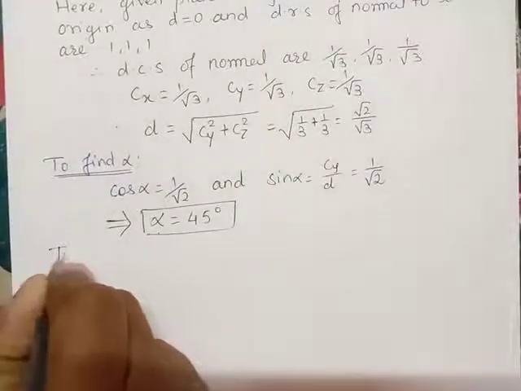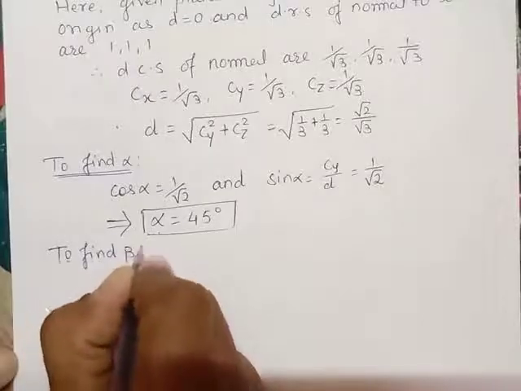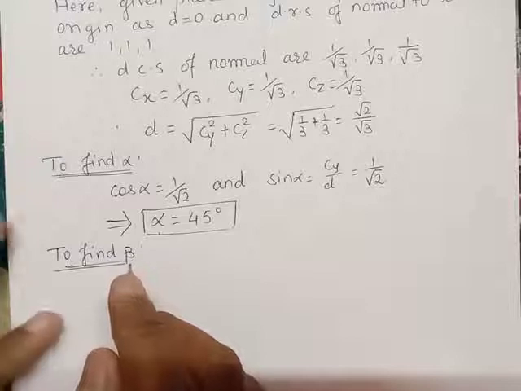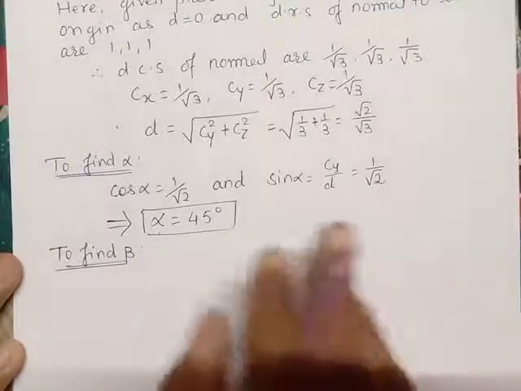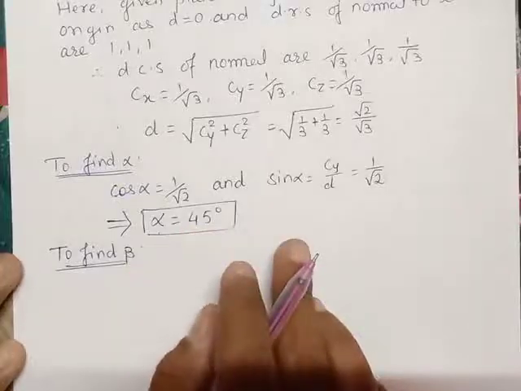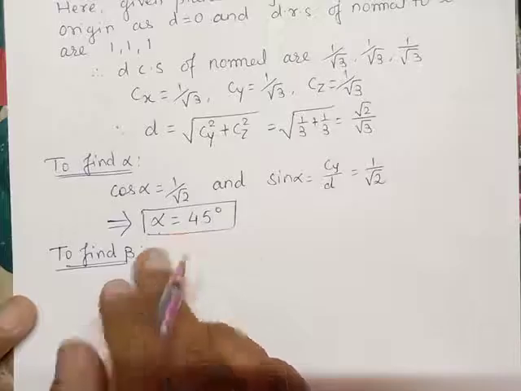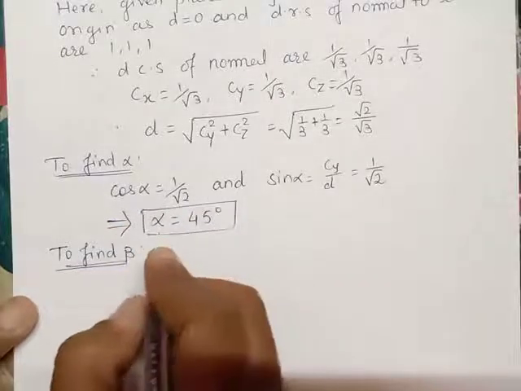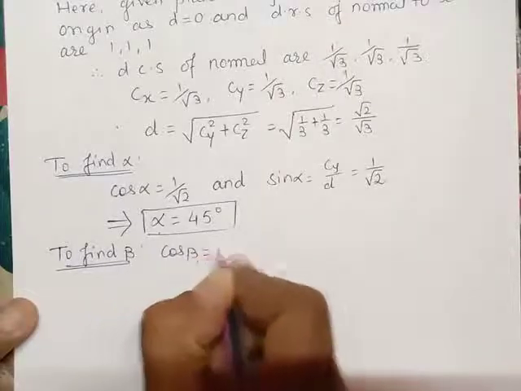Now to find beta. Now here basically according to question we have to find the concatenated transformation matrix to make this plane coincident with z equal to 0 plane. So for that we need these angles also, but if we found these values simply, then also we can put them in a matrices. So here cos of beta is what?